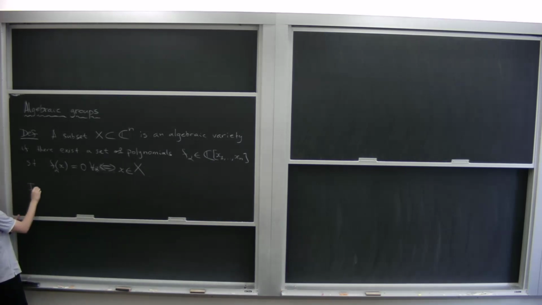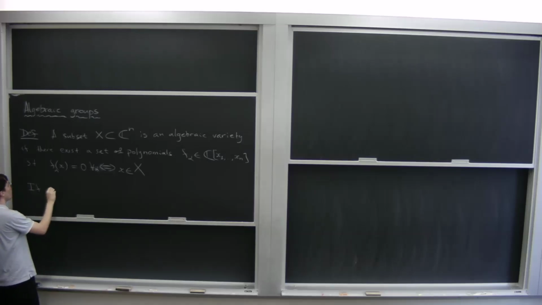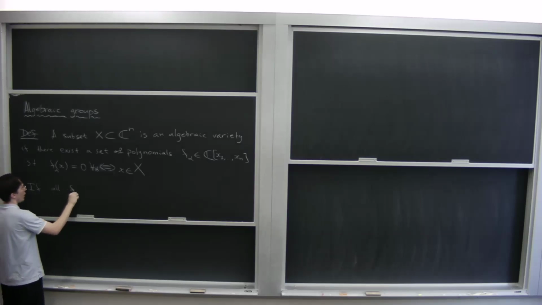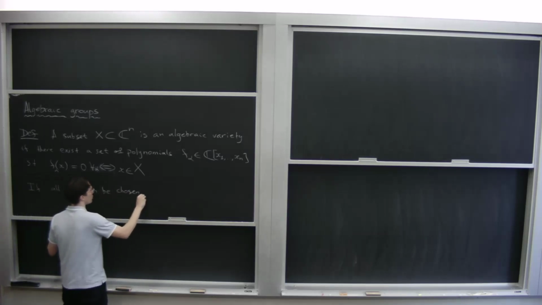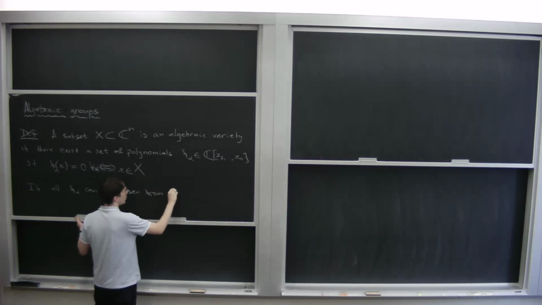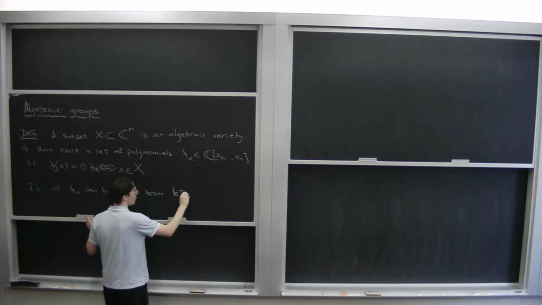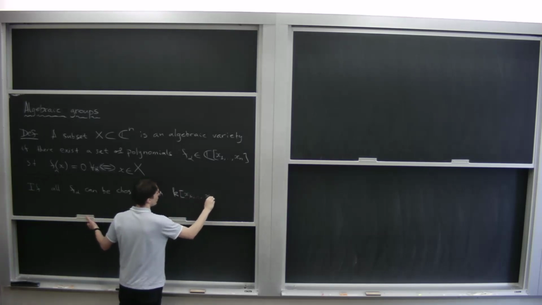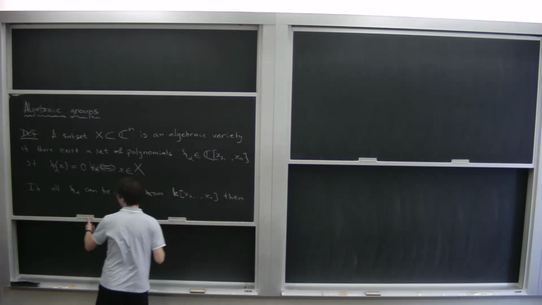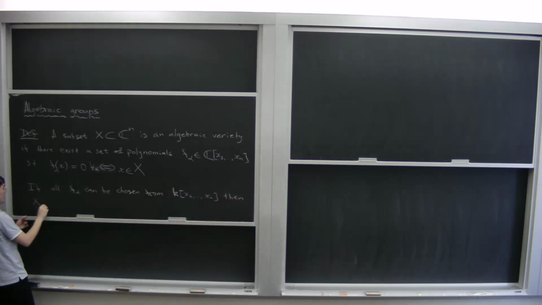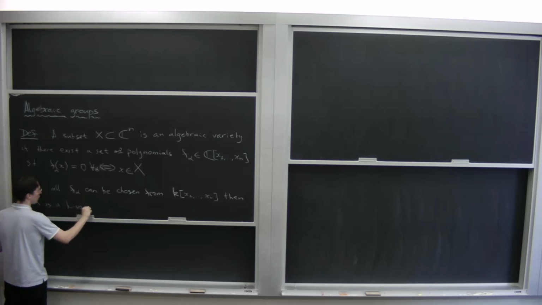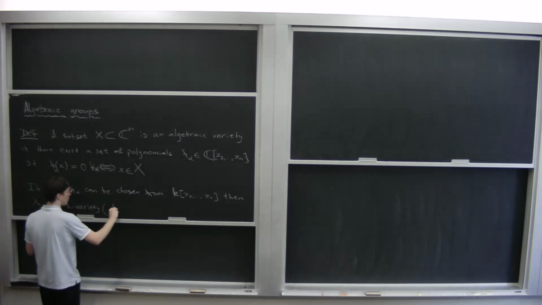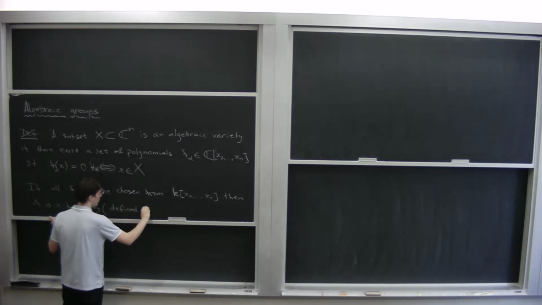So if all f_alpha can be chosen from k[x1, and so on, xn], then X is said to be a k variety, or a variety defined over k, which means it's defined over the field k.